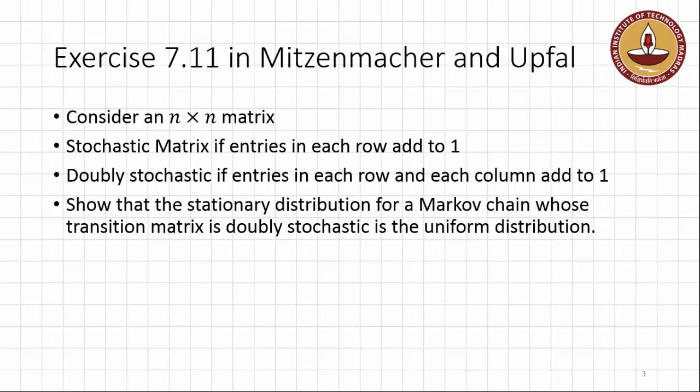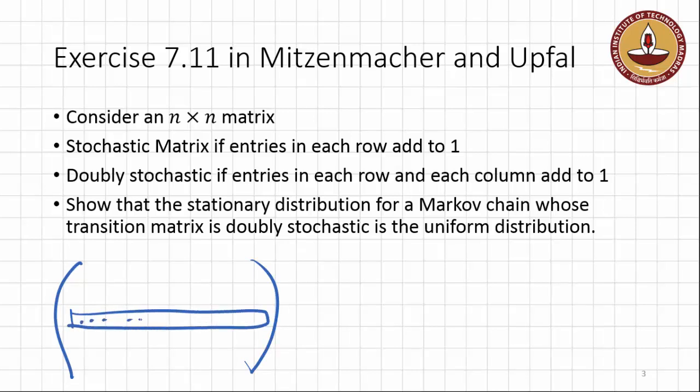So for example, if you take any arbitrary row, and the entries in that row add up to 1, and if this is true for every row, then we call such a matrix a stochastic matrix.